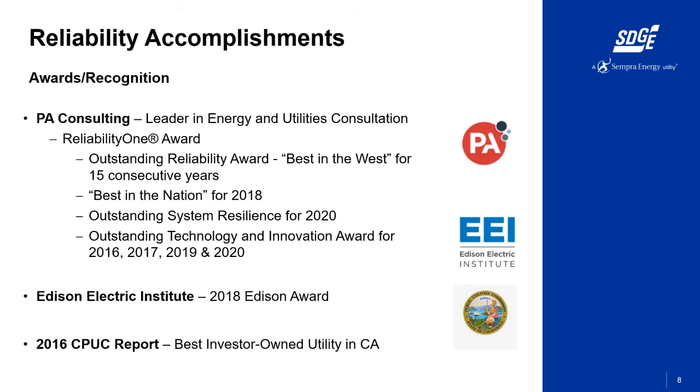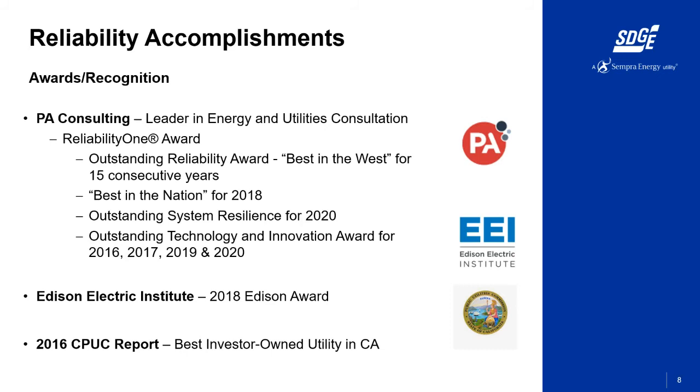In 2020, we also received the Outstanding System Resilience Award. And that's a recognition of how well a particular operator's system can tolerate different contingencies of one kind or another. And finally, we received the Outstanding Technology and Innovation Award for these 4 years, 2016, 17, 19, and most recently 2020.